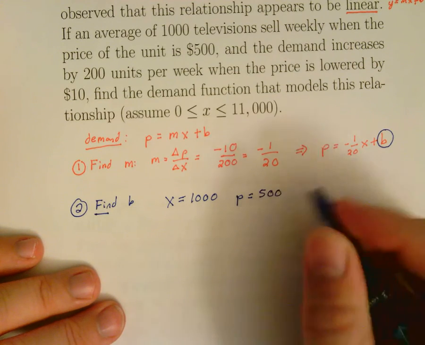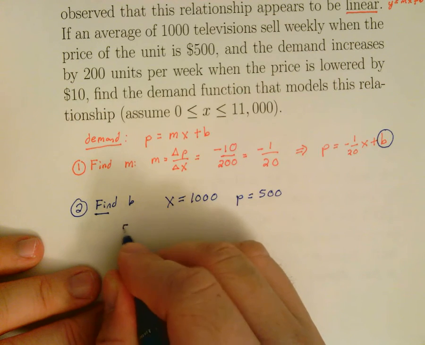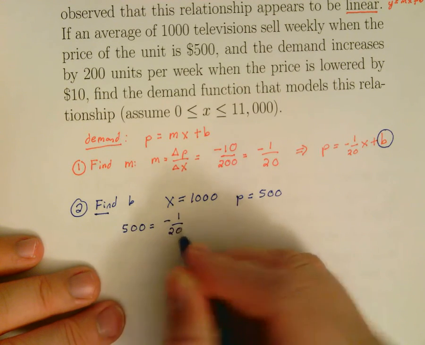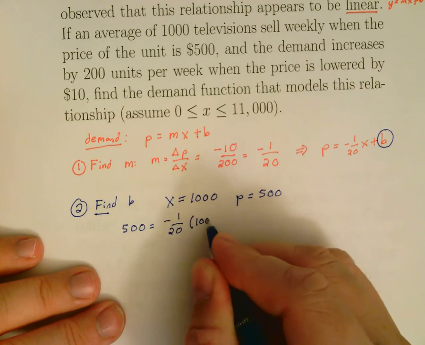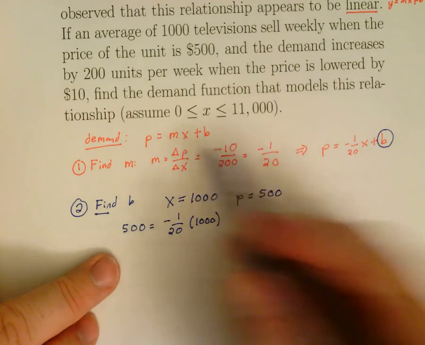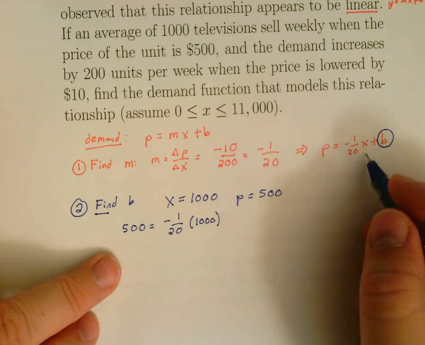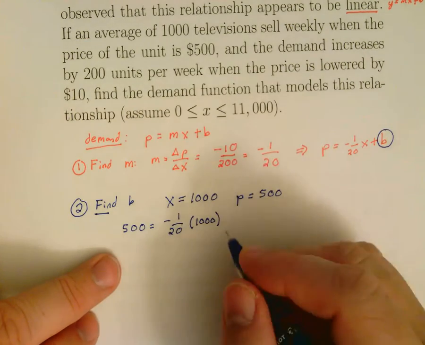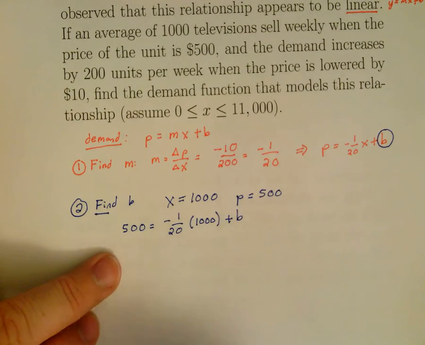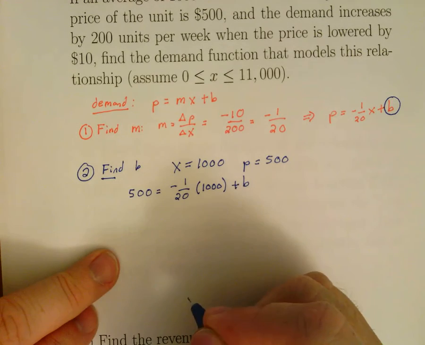So now let's just plug it into the formula. I'm going to have 500 is equal to negative 1 over 20 times 1,000 plus B. So let's see what that says.